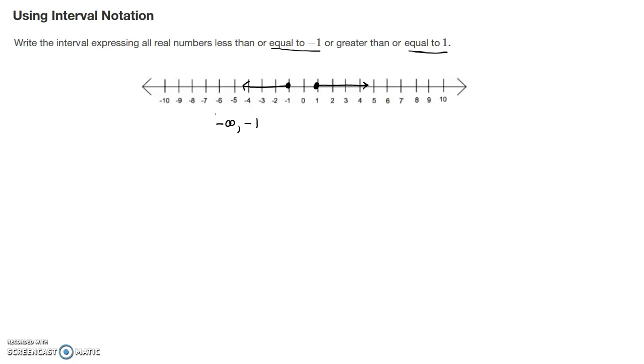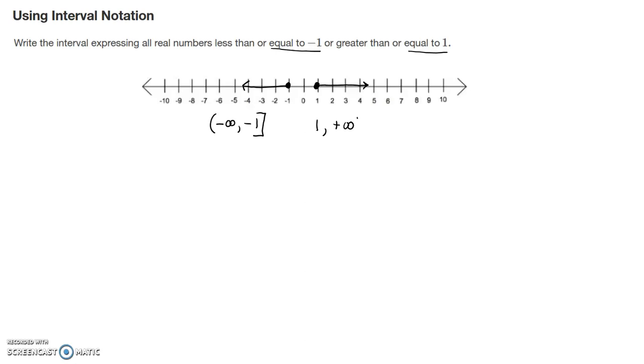So infinity is always going to get a parenthesis. My -1 is allowed to be equal to -1. There's a solid dot there, so I'm going to go ahead and give that one a bracket. If I work with this next interval on the right-hand side here, my smallest number for this interval is a 1. And my arrow's going here to the right-hand side, so it's going all the way towards positive infinity.